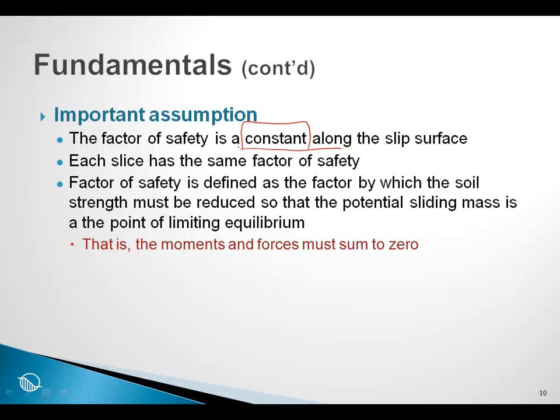The factor of safety is defined as the factor by which the soil strength must be reduced so that the potential sliding mass is at the point of limiting equilibrium. That is, the moments and forces of the potential sliding mass must sum to zero.